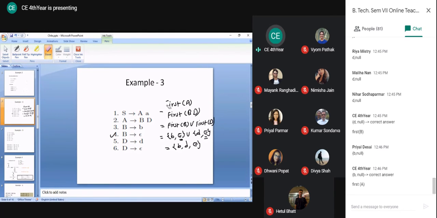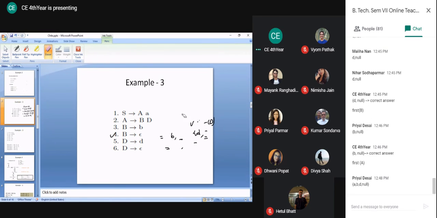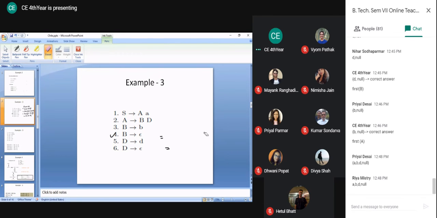Now from this, can you tell what will be in the first of S? Can you share your answer for first of S? Okay, let us see.